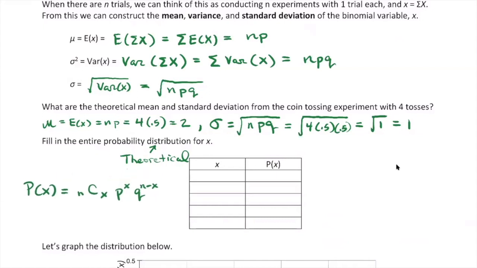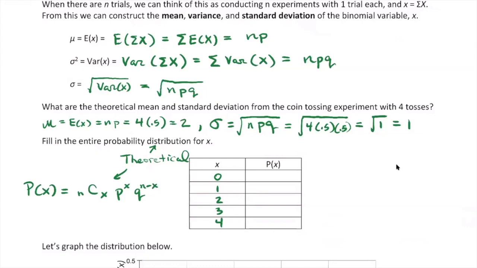It's asking us to fill in those probabilities for every outcome in the table. Remember, x is the number of heads when you drop 4 coins, so you could get 0, 1, 2, 3, or 4 heads.